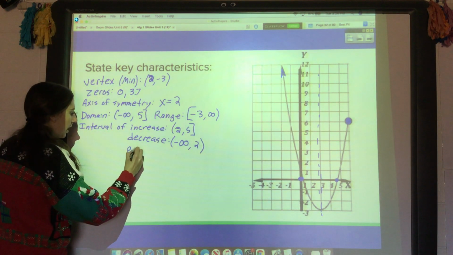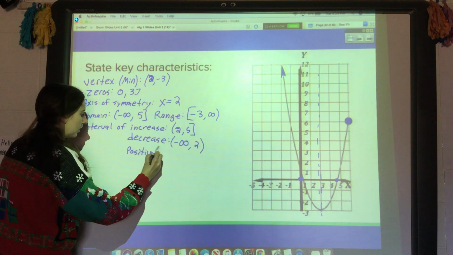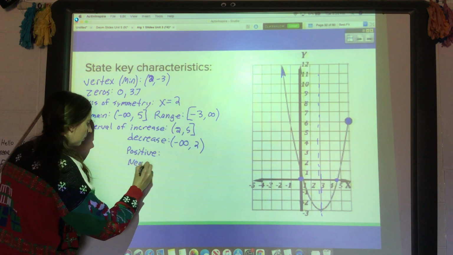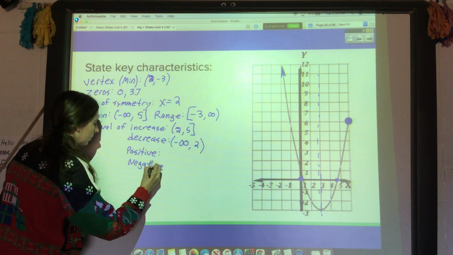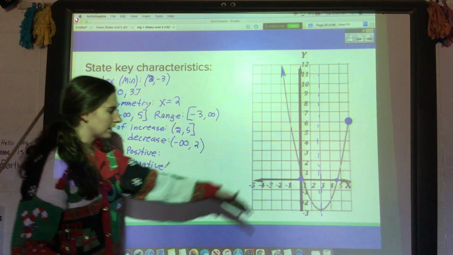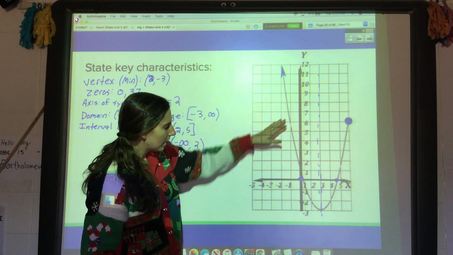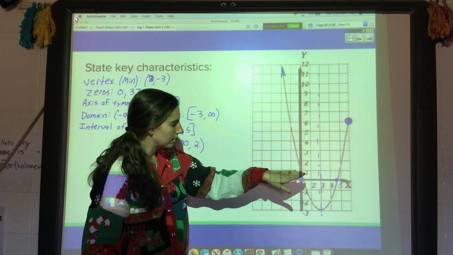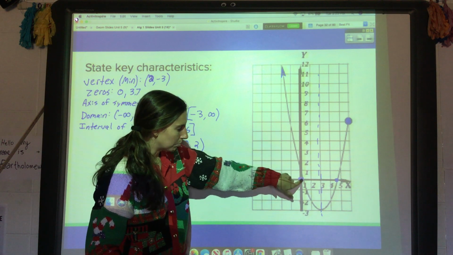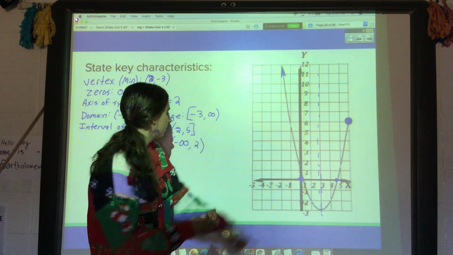Now let's do where it's positive and negative. So it's positive when it's above the x-axis, which is from -infinity up until 0. From then on, it's below the x-axis.